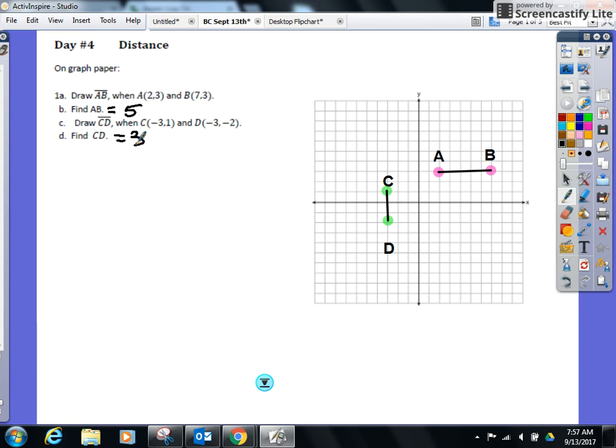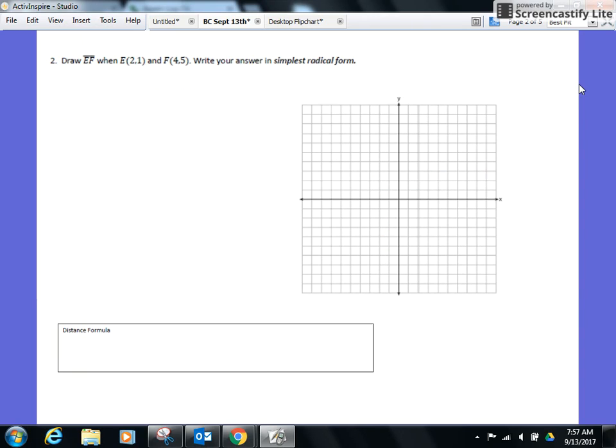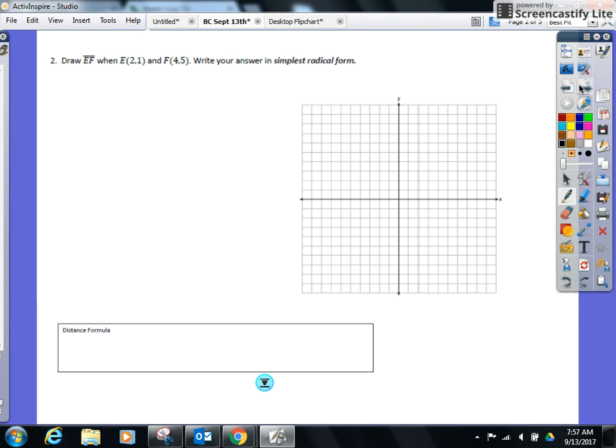Well, let's go down to number 2, and we'll find out what's so tough. Go ahead, draw EF in for me now. Segment EF with those coordinates.